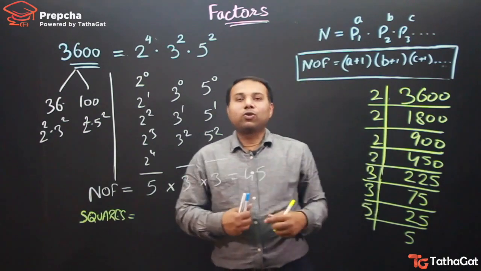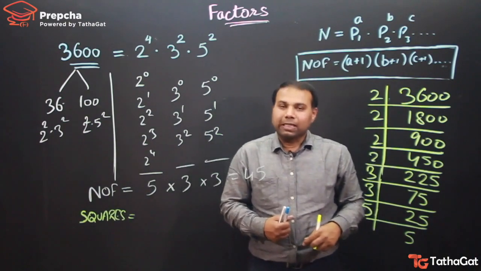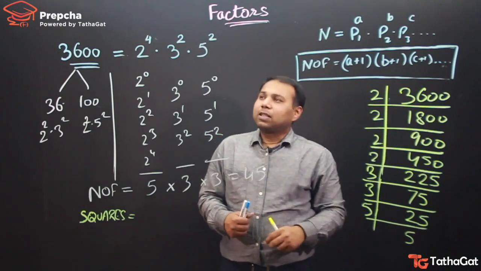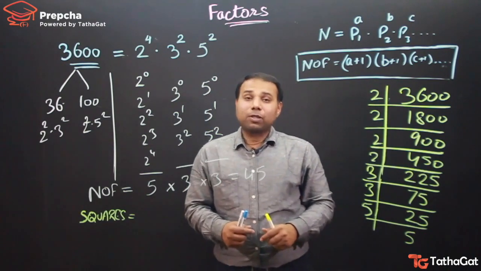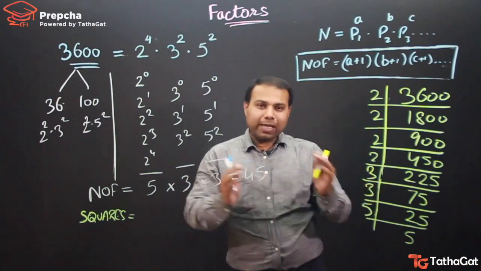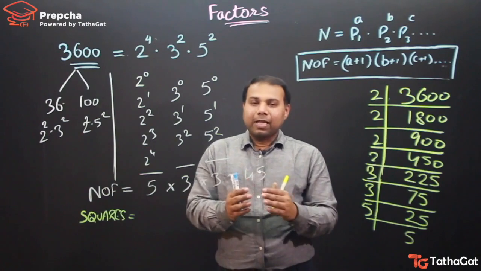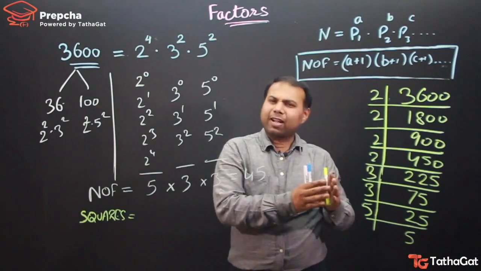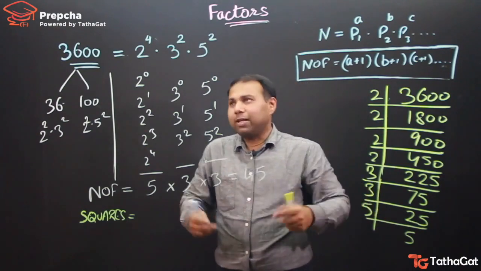How do I get to know whether a number is a perfect square or not, just by seeing the prime factorization? Yes, it's obvious that for a number to be a perfect square, I must be able to write it as a product of two equal numbers. It means when combined, it will have all the prime numbers in even quantity so that they can be divided equally in two parts.